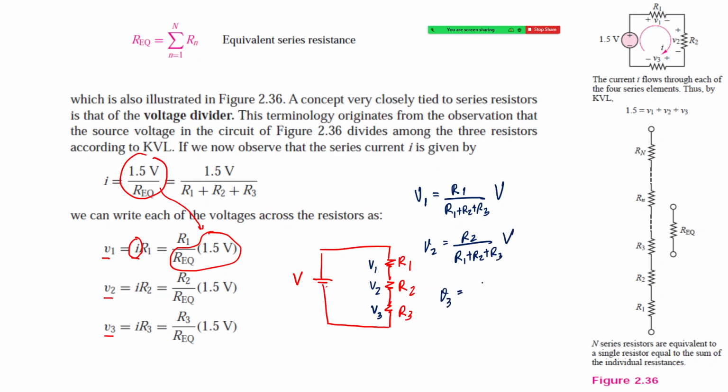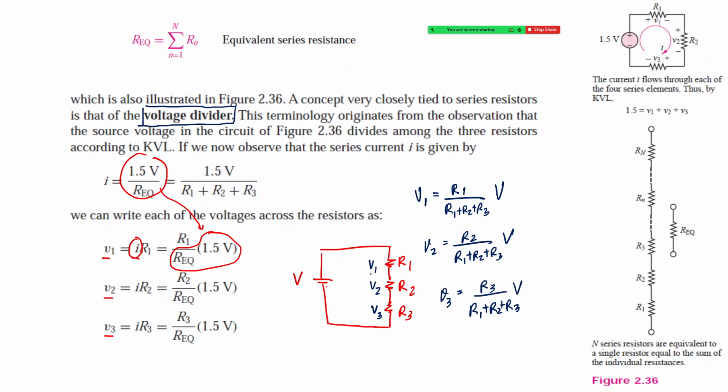V3 also R3 divided by total resistance into V here like this, and this relation is called voltage divider.